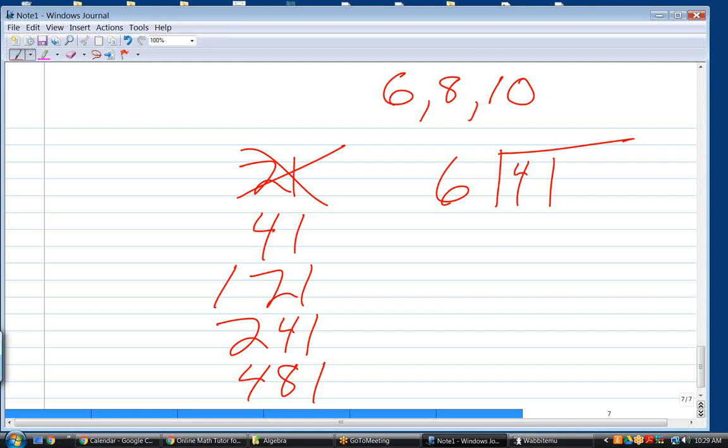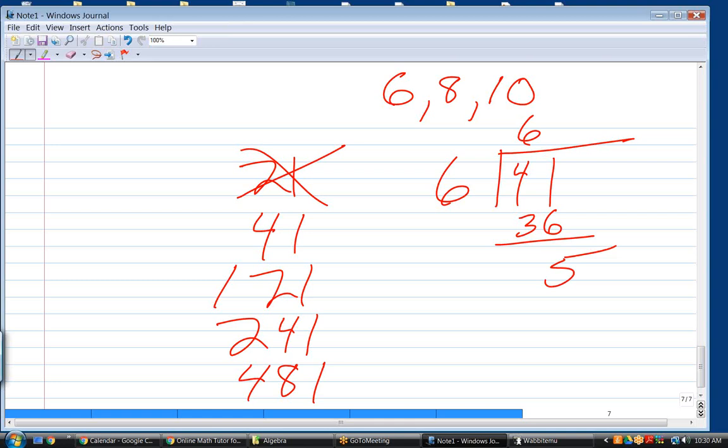Can you do this one also? Yeah, sure. Long division: I can't divide 6 into 4. And 6 goes into 41, not quite 7, but I can do it 6 times. And then I multiply 6 times 6 to get 36. Remainder is 5.